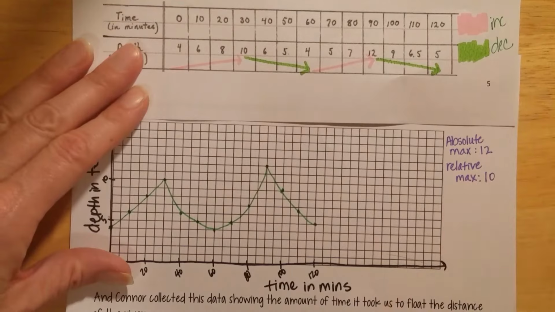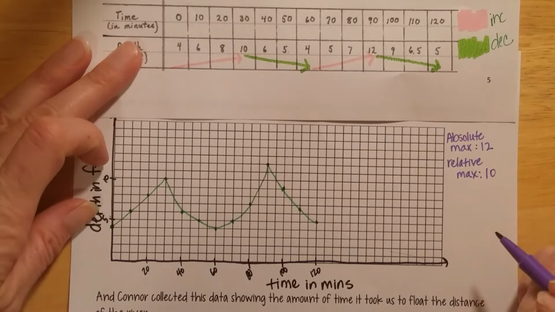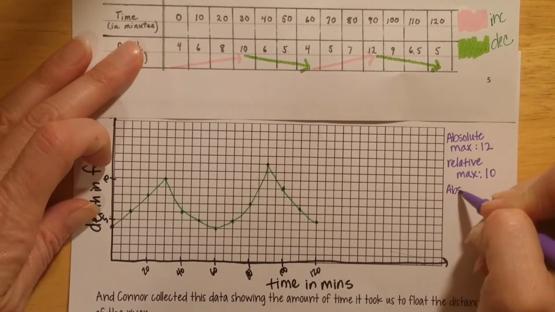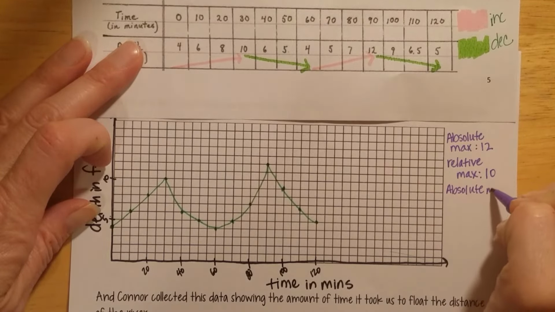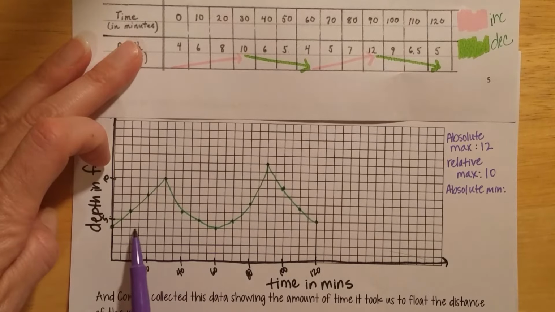Okay. So now I also have minimums, and my absolute minimum is going to be the lowest point on my graph, the very lowest. So I see I have a low here, but as I come across, I can see that I have this one right here, which is even lower. And as I come across, these ones are actually at the same point.